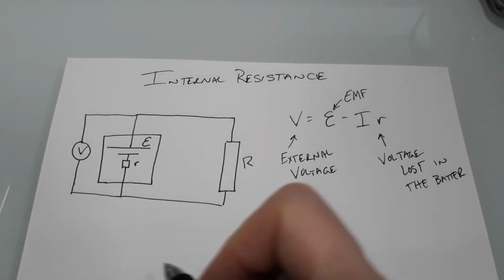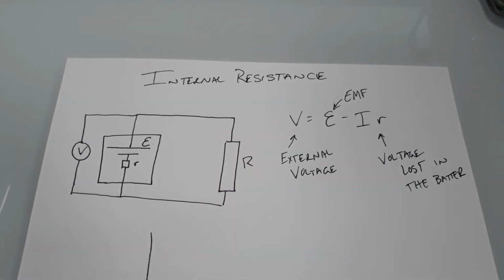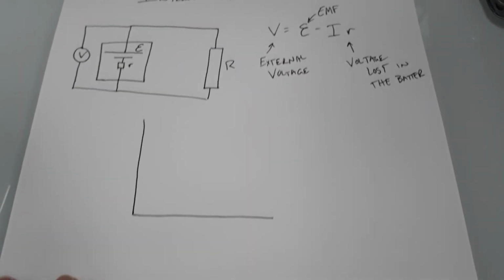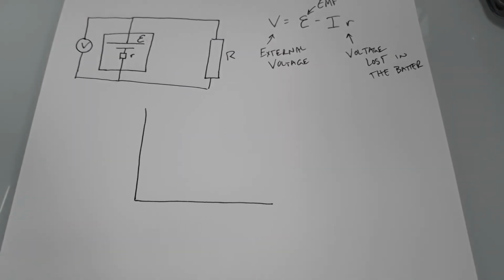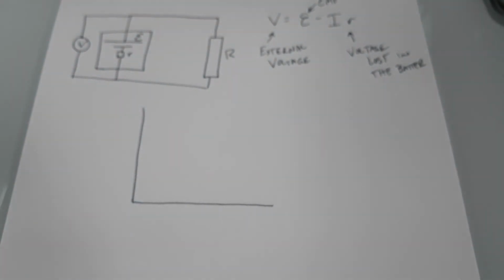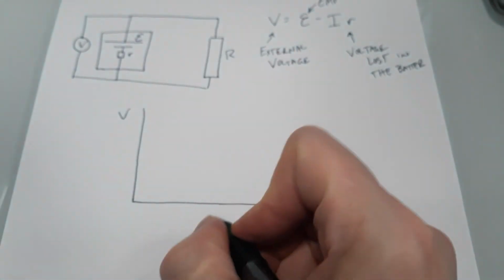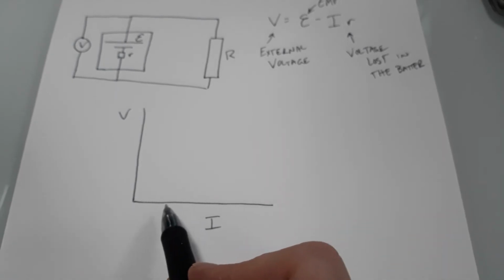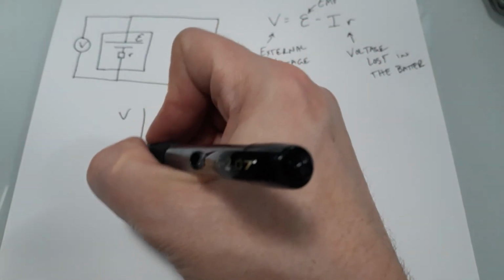So if you think about what it would look like on a graph, this is what you would find. Let's make a graph of, you can do it either way, but what I would suggest is V versus I. What you will find is that when there is no current, you actually get a reading on the voltmeter.